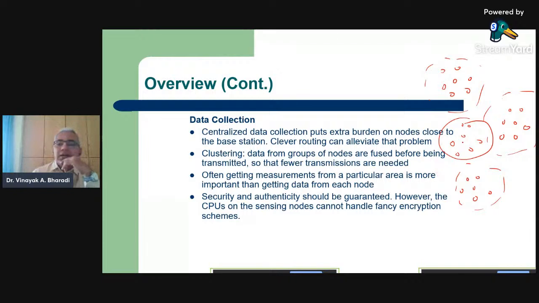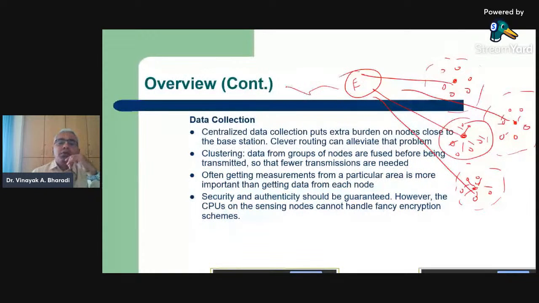In each cluster you have a central node, and all these nodes send data to this central node, and then all these central nodes communicate with the device for uploading to the cloud or for processing.